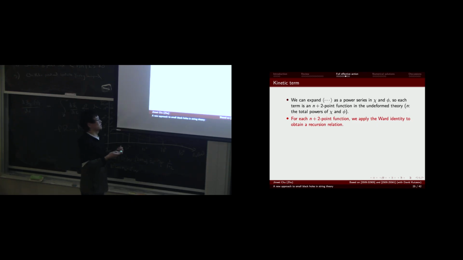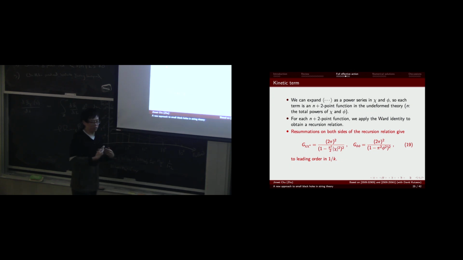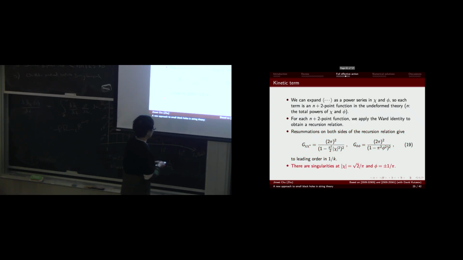And we can resum both sides of the recursion relation. That will give us the full expression of the original two-point function. So this is the final result. Very simple. And by the way, you can see that there are some singularities at finite values of chi and phi. For example, when chi is equal to square root 2 over pi, this g chi chi star will just diverge to infinity.